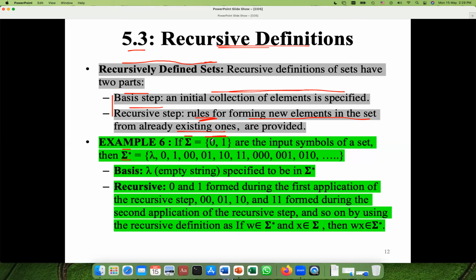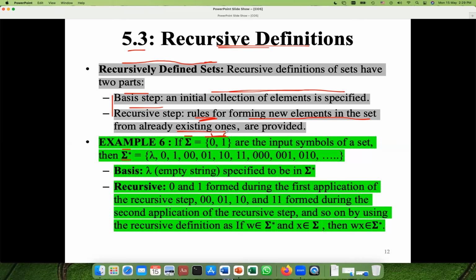So if sigma is 0, 1, now this is a set with input symbols 0 and 1. For example, for Arabic, you have a character set starting from alif to ya. By using those characters, you are producing different words in Arabic. If you are a machine, then that is your character set, from alif to ya, and you are using those characters to produce different words.